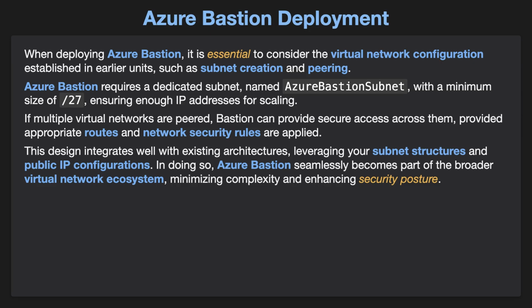If multiple virtual networks are peered, Bastion can provide secure access across them, provided appropriate routes and network security rules are applied. This design integrates well with existing architectures, leveraging your subnet structures and public IP configurations. In doing so, Azure Bastion seamlessly becomes part of the broader virtual network ecosystem, minimizing complexity and enhancing security posture.